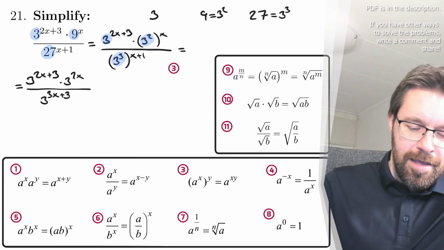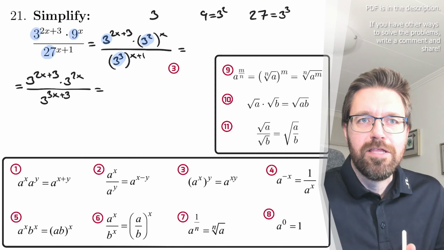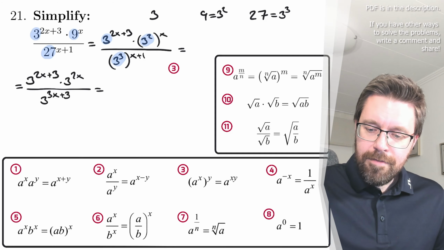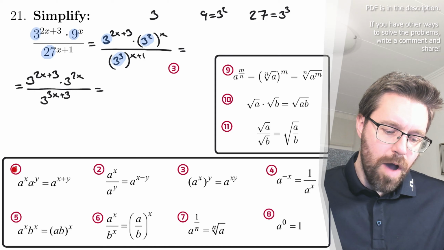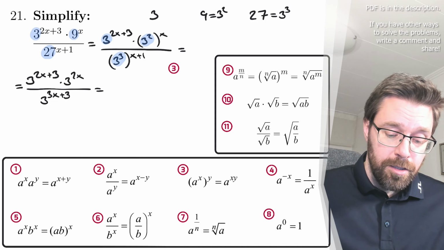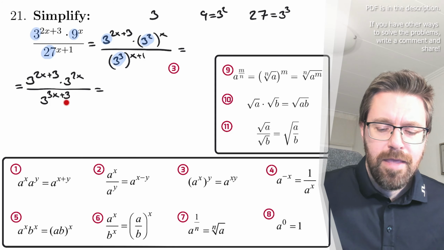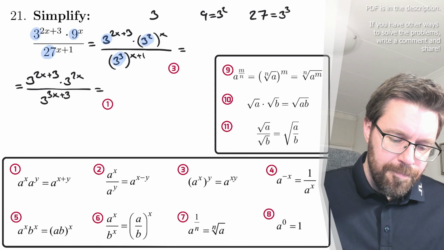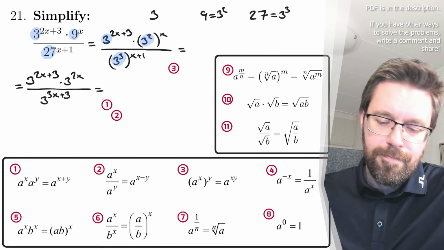Okay. And now, like question number 20, I can first, if I want to, use rule number 1 to add these exponents to each other, and then use rule number 2 to subtract with the exponent here. But I can do it in the same operation too.